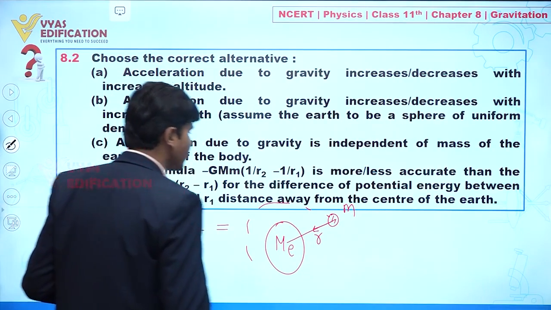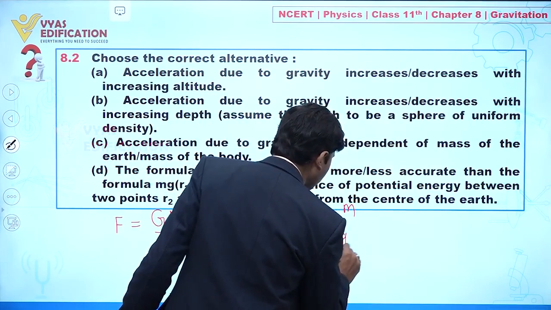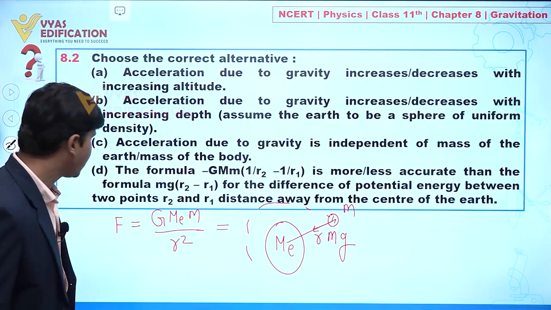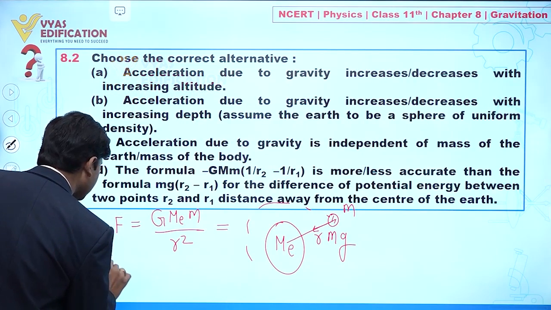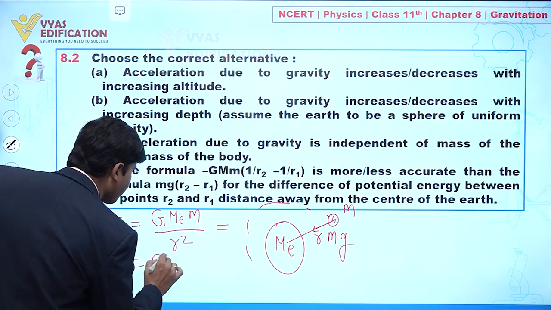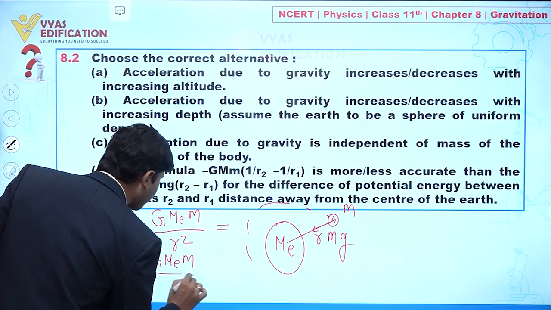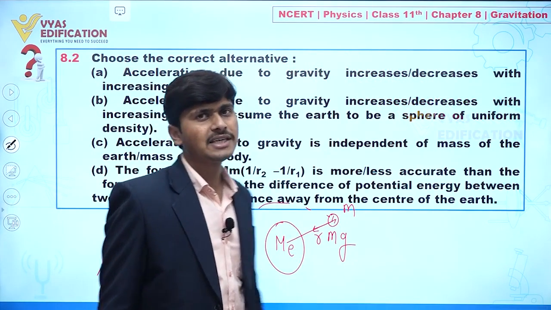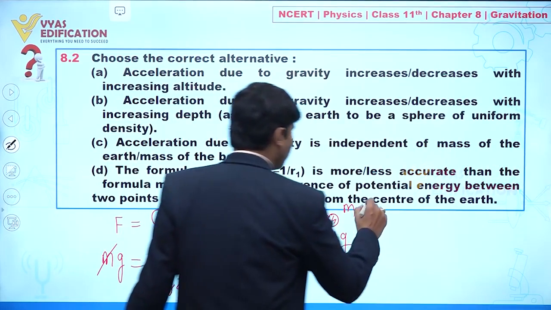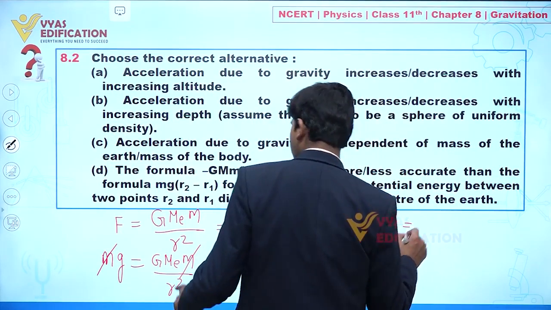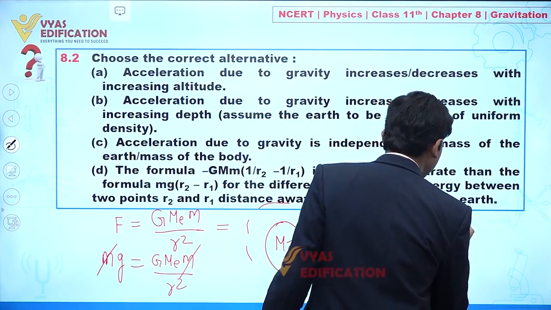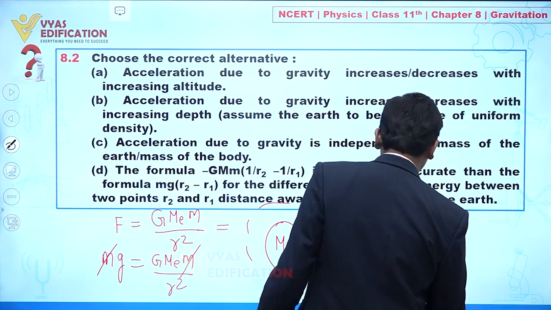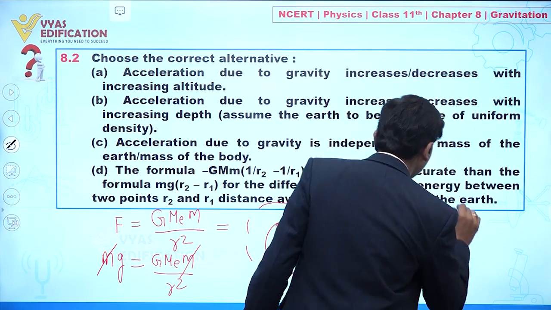So we can write mg equal to G Me m upon r square. From here, m and m cancel out. So the value of g is given by G Me divided by r square.